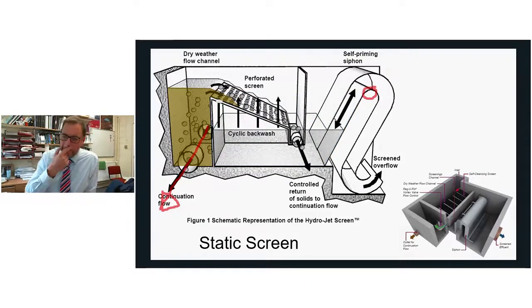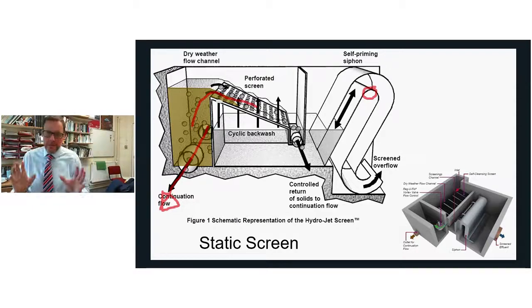But here, when the foul flow comes over, the idea is that the solid particles that were caught on the screen, then raised up, are washed off. The idea is also that they're washed off as the flow drops down when the siphon activates. So through those steps, the idea is to keep the screen clear as much as possible.